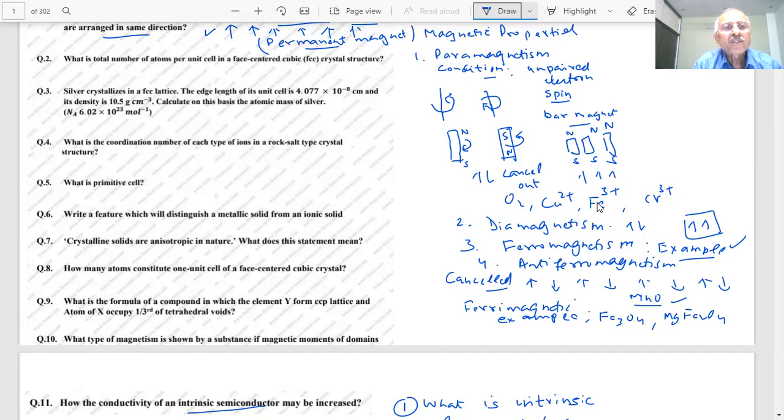This you can do, the density problem, no problem. Silver crystallizes in a primitive cell, edge length is given and density you can say. What is the coordination number of each type of ion in the rock salt crystal structure?